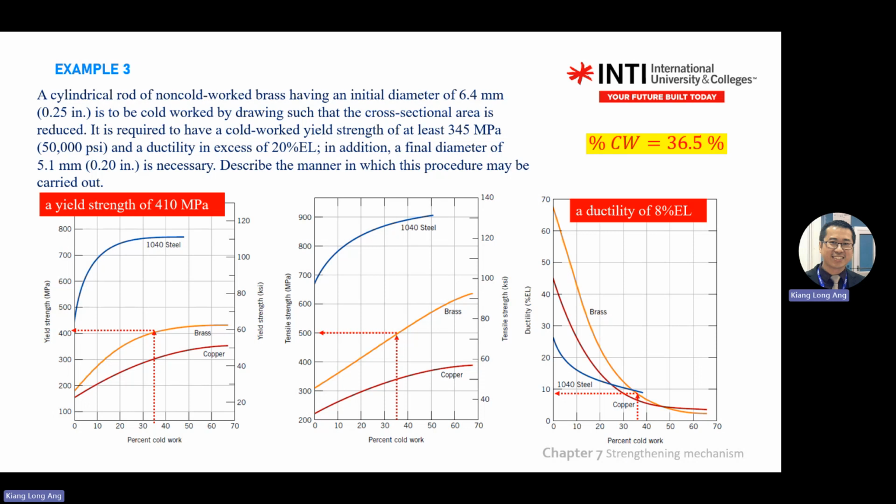You can find the value of this one, so you know your final area. So this is area final minus area initial. You can find the missing parameter. This one you know already.